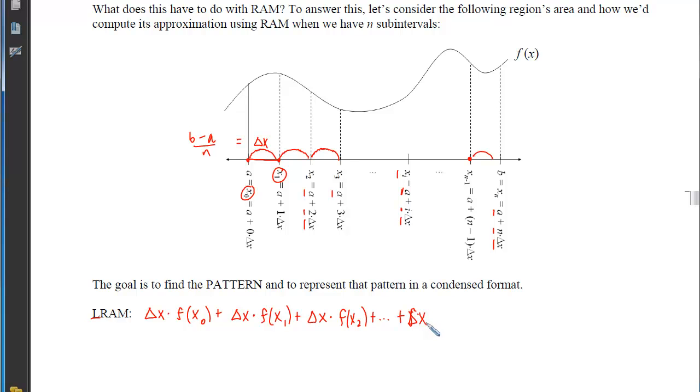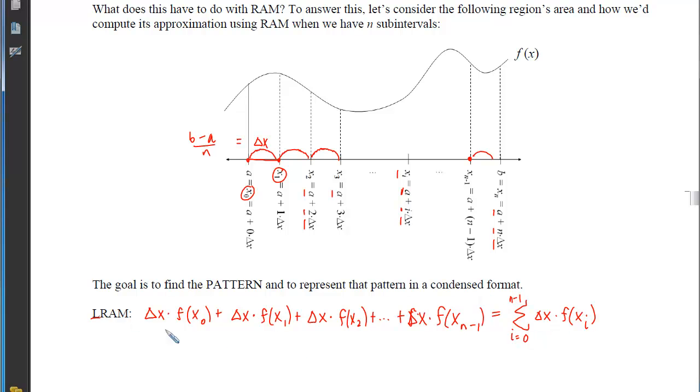So I have a delta x times f of an x sub n minus 1. Now if I look for that in a condensed format, I can see that the thing that is the same on all of them is delta x and the f, and it is the subscript that will get the index. And the subscript starts at 0 and goes to n minus 1.